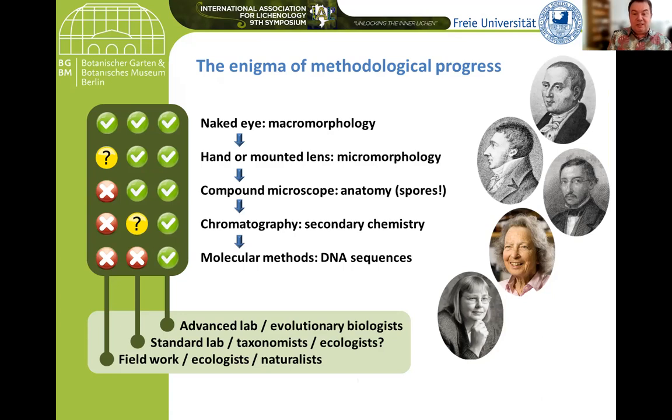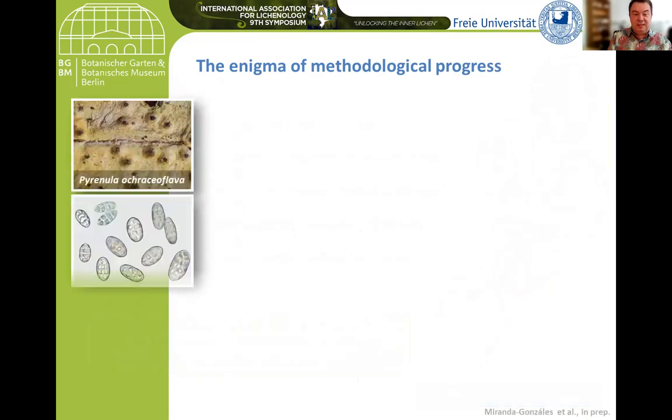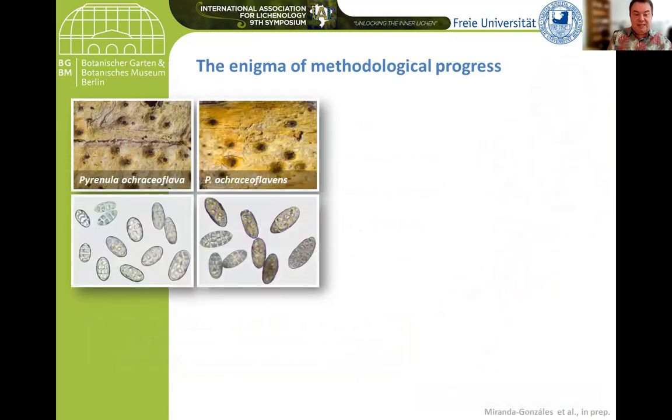So one thing, if you look at this, is why are we treating DNA sequences differently from other methodological approaches? I'll just give you one example, which is the genus Pyrenula, that has recently been revised.